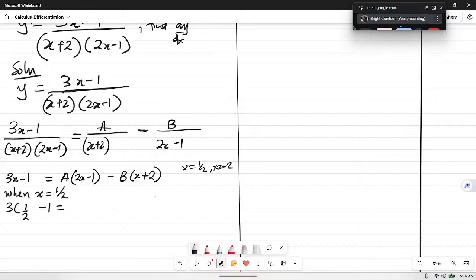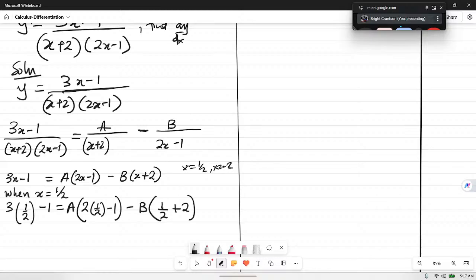To retain the negative to a bracket open, 2 times half minus 1 bracket close, minus B times half, if you put it inside everything before you put 1, that would be the 0.